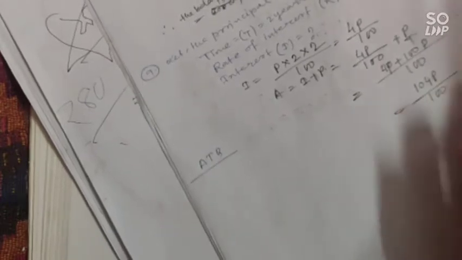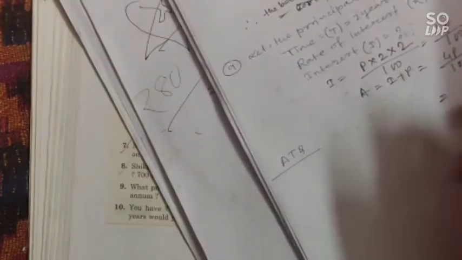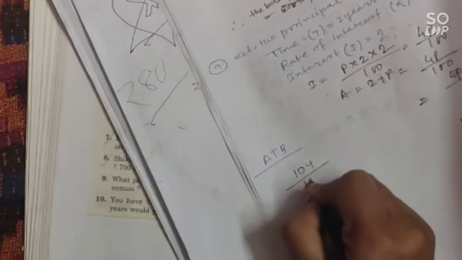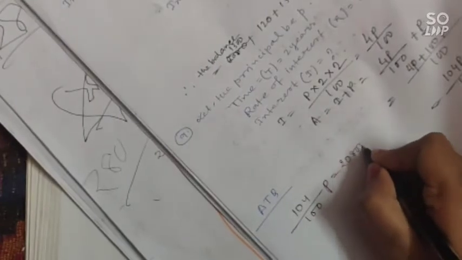Okay, so this will be the amount, but in the question the amount is 20,800. So you have to find the value of P.